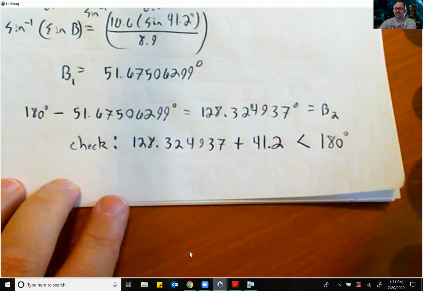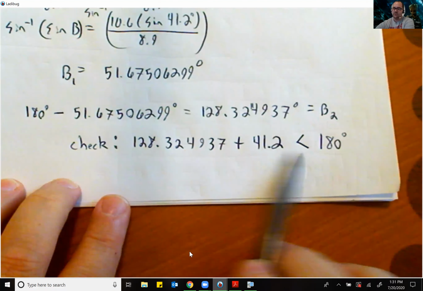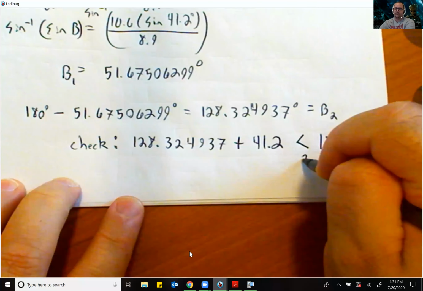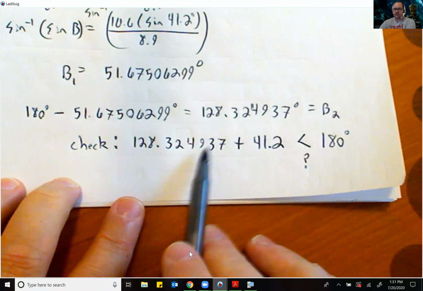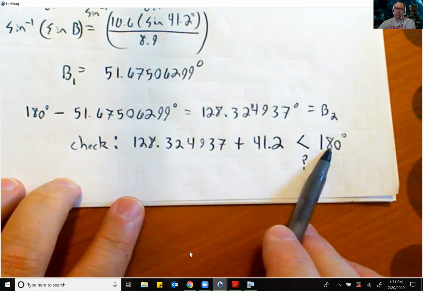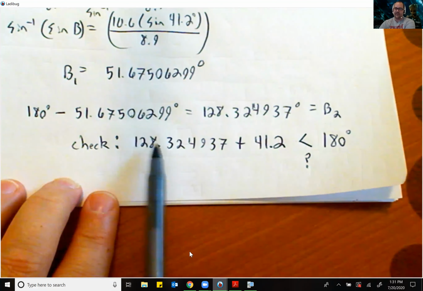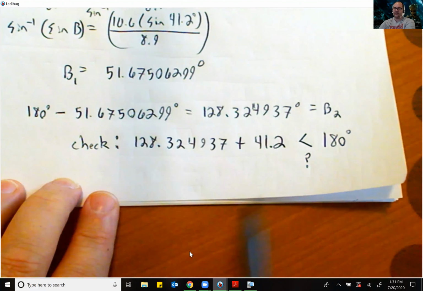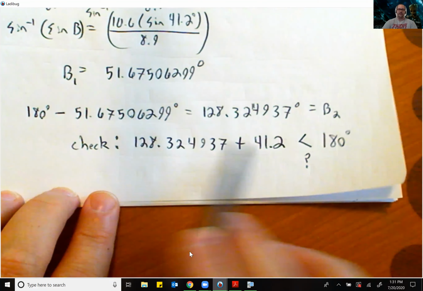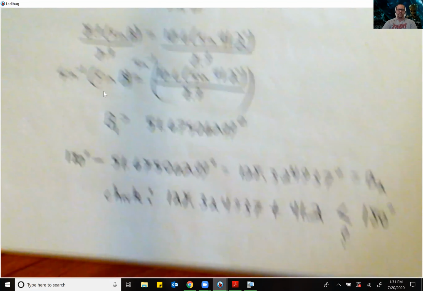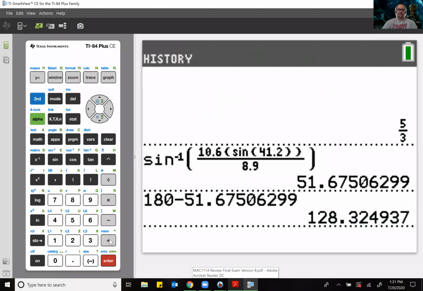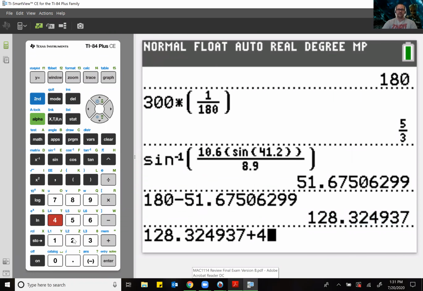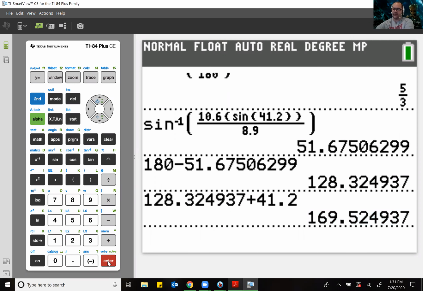If this is less than 180 degrees, then you have two triangles. If this is not less than 180 degrees, then you only have one because it means this angle is too big. Okay? So we just need to go to our calculator and check this. So I'm going to go up there, grab that angle, plus 41.2. And that is definitely less than 180 degrees. So that means we have two triangles.